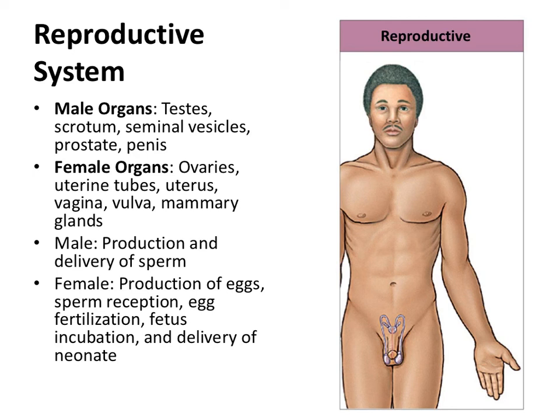But we're going to use this because it's going to explain the vast majority of cases that someone may encounter. The other thing is that when we talk about the reproductive system, my general focus is going to be, okay, we're going to attempt a fertilization event.